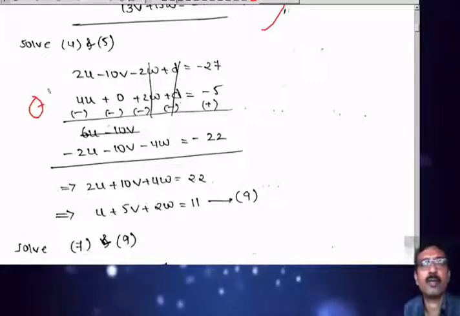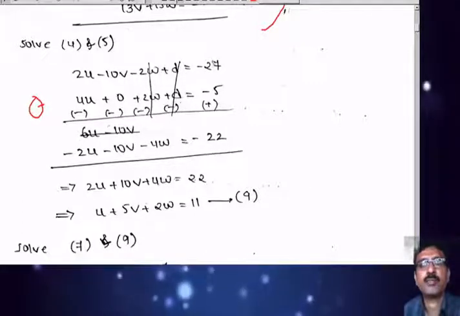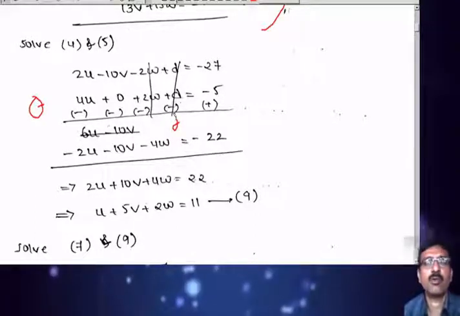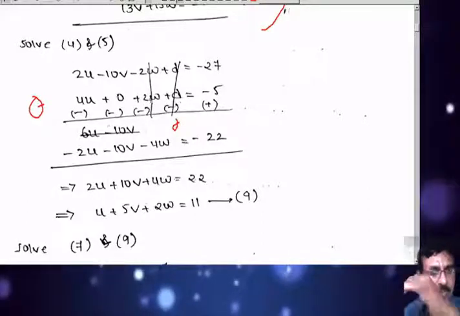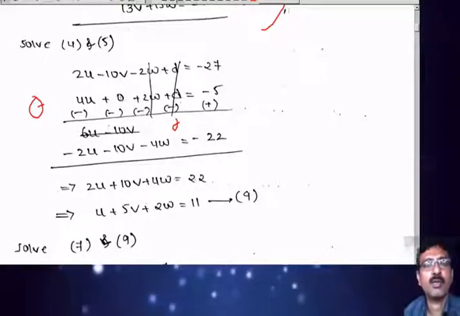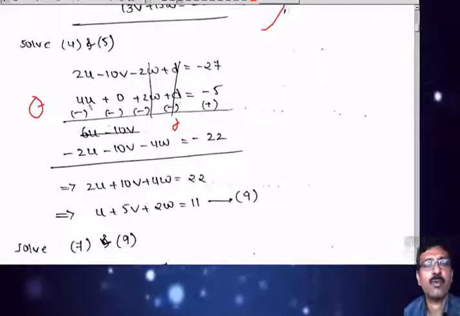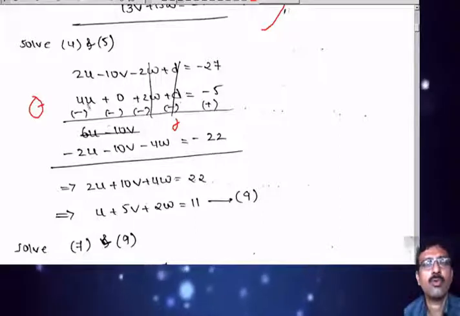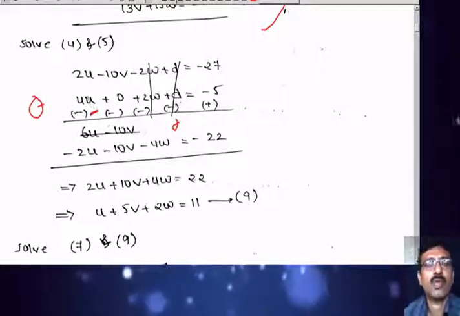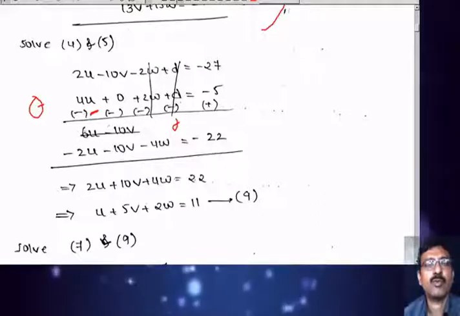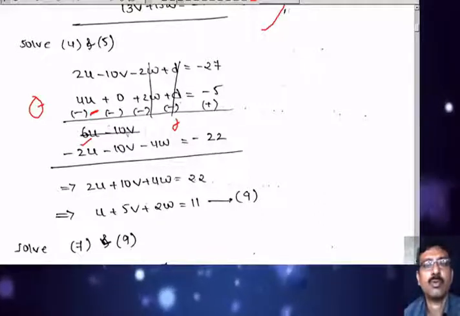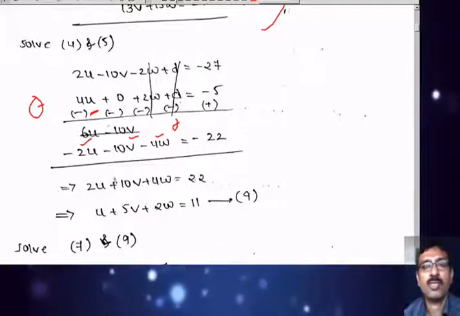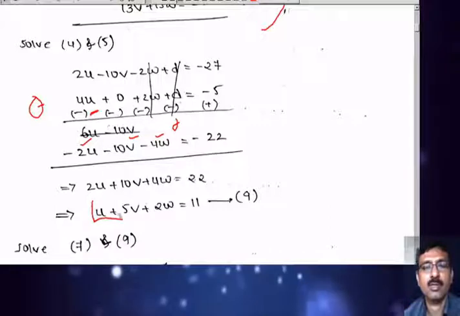So subtracting, changing the symbols: minus 27 plus 5 minus 22, d minus d 0, and 2w plus 2w 0, minus 10v, 24 minus 44, 4u minus 4u, 2 minus 4 minus 2u minus 10v minus 4w equal to 22.